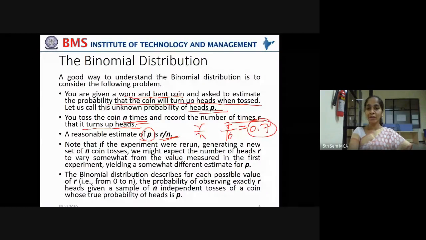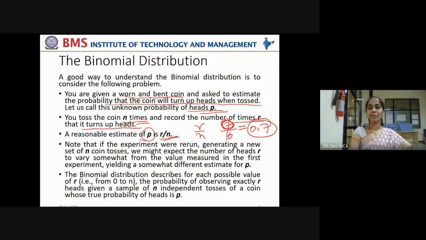That is 7 heads you are interested in, and the coin toss turned out to be head 7 times. So this probability of observing R heads is 7 by 10, that is 0.7.